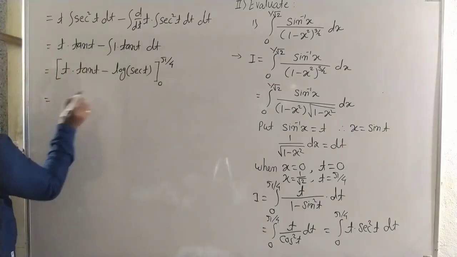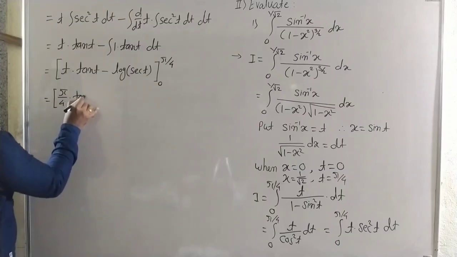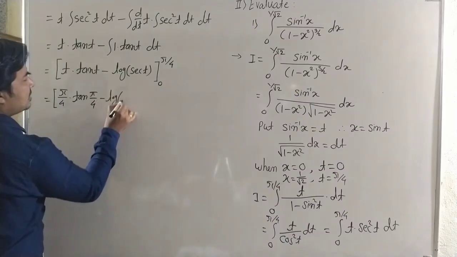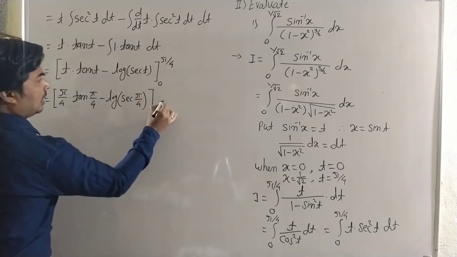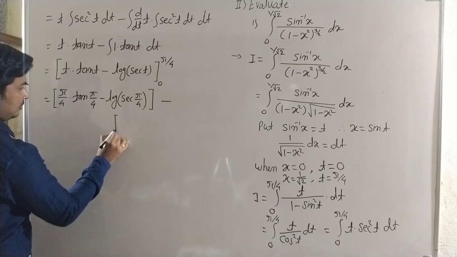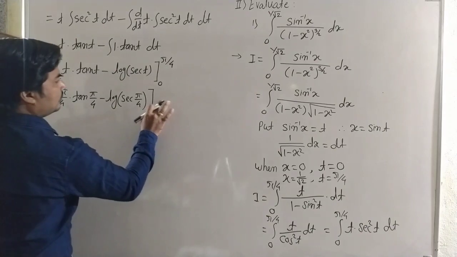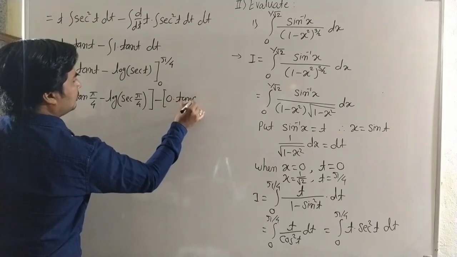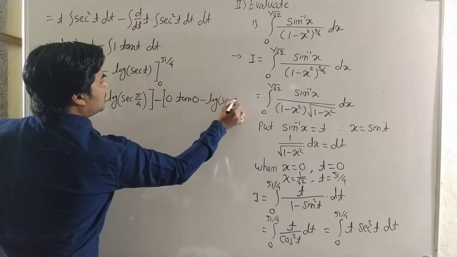Now first we put the upper limit, then the lower limit. See carefully. First the upper limit: pi by 4 into tan pi by 4 minus log of sec pi by 4, minus the lower limit: 0 into tan 0 minus log of sec 0.